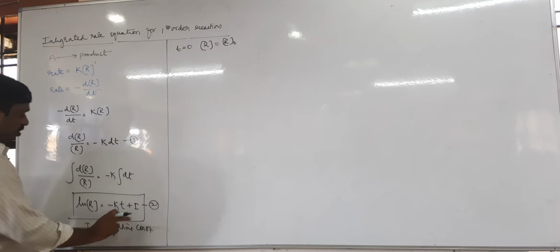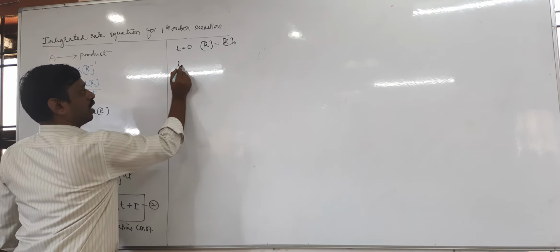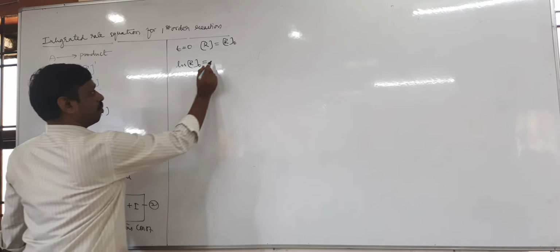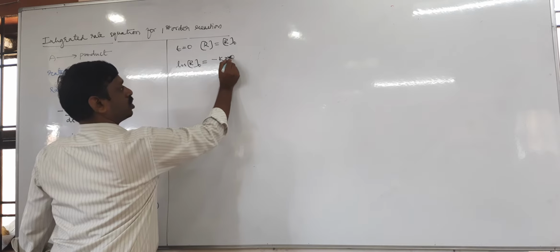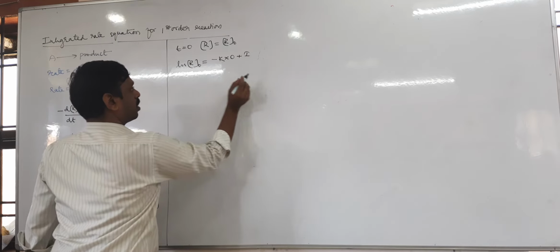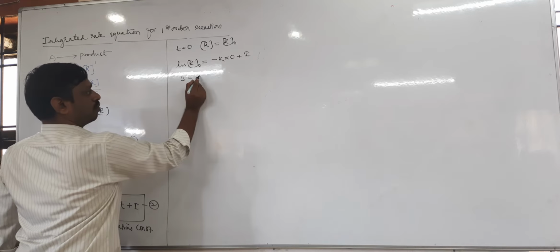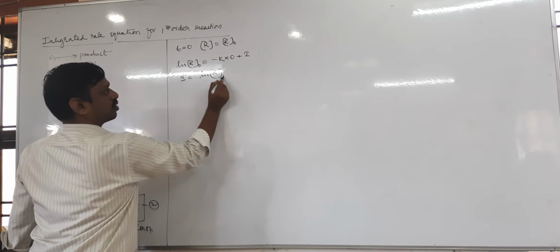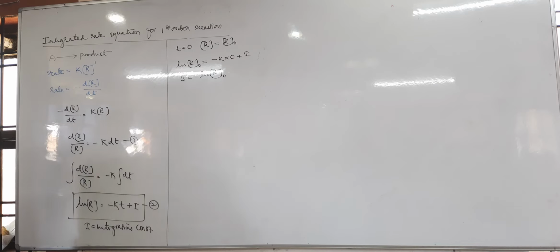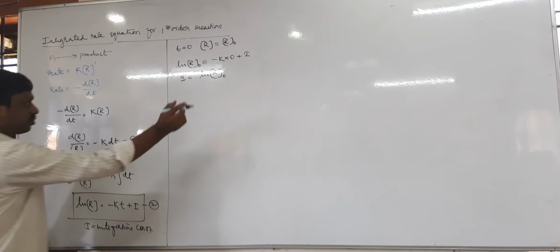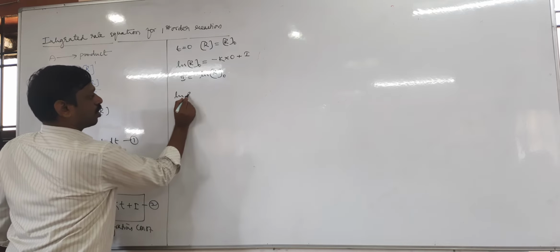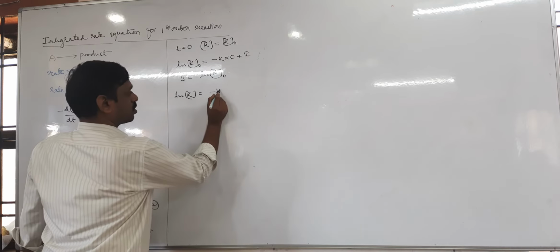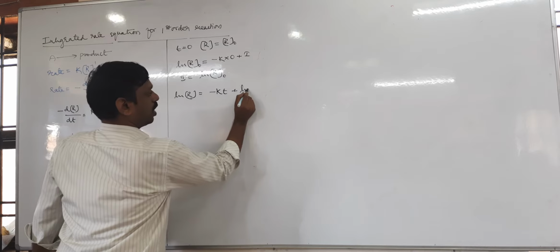Therefore, substitute in equation 2, then ln R naught equal to minus K into 0 plus I, then I equal to ln R naught. Okay, then substitute I value in equation 2. So ln R equal to minus Kt plus ln R naught.